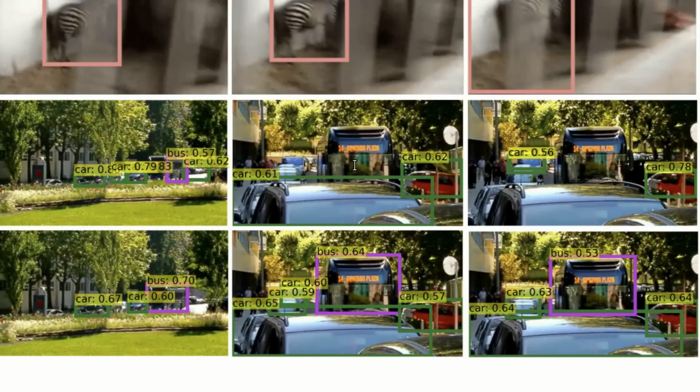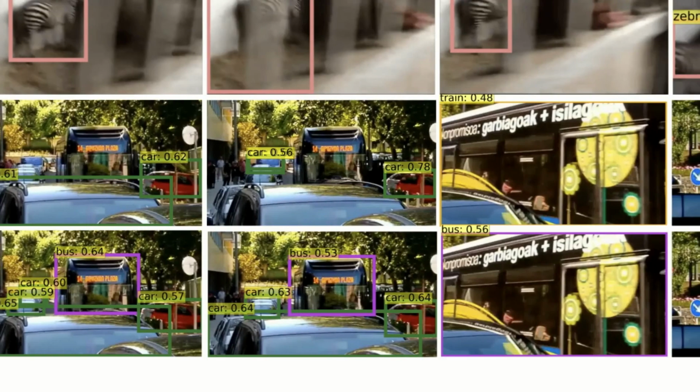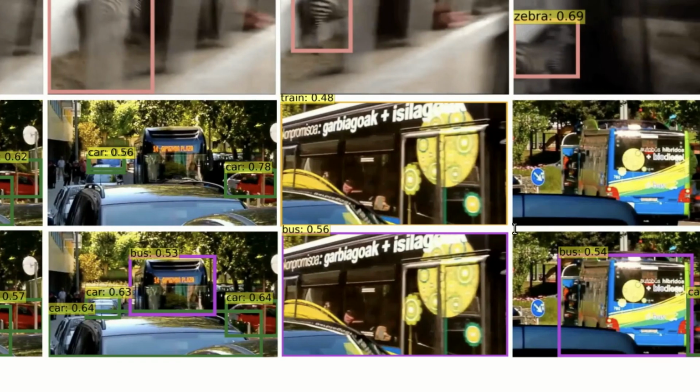Here, where the bus is half perceivable, we have good results for the TransVOD. The same holds here for that frame. Here the whole image on both, so here it thinks it's a bus, okay, that's right, and here it thinks it's a train. And here at the end again, it detects it as a bus with higher confidence. And also the car in here.